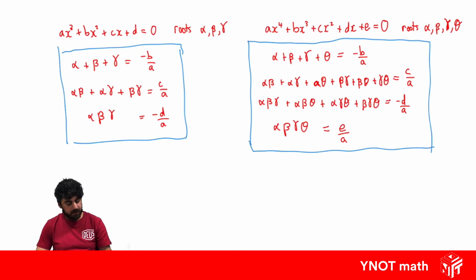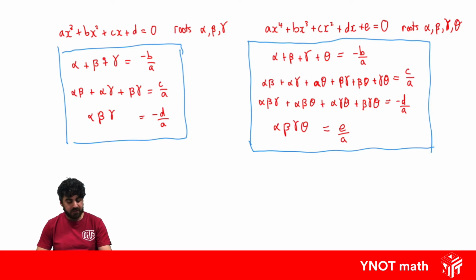Now, some things to note is that all of them are divided by a, even in the quadratic as well. The signs alternate, so minus, plus, minus, minus, plus, minus, plus, and the coefficients go up by 1, b, c, d, b, c, d, e. Also, if we think about it in words, it'll be hard for us to forget.